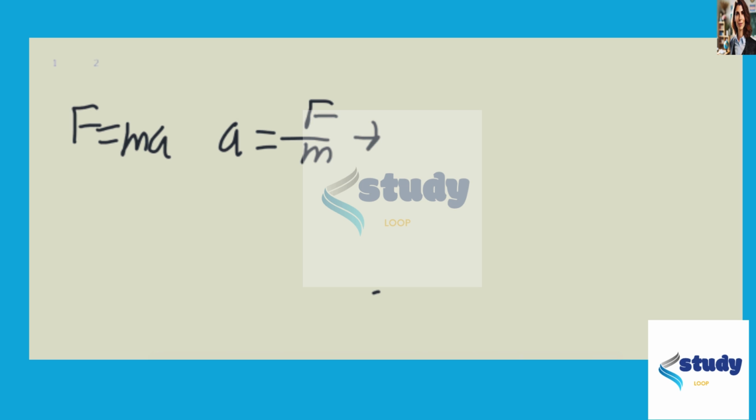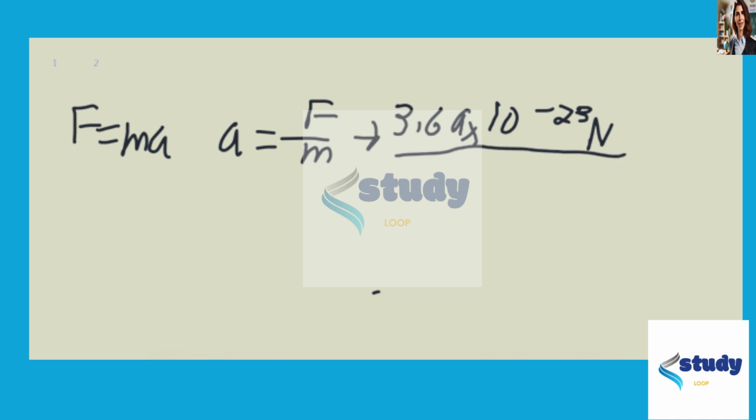Plug in our numbers. Force we just solved for, 3.69 times 10 to the minus 23 newtons, divided by the mass of a proton, which is 1.673 times 10 to the minus 27 kilograms.